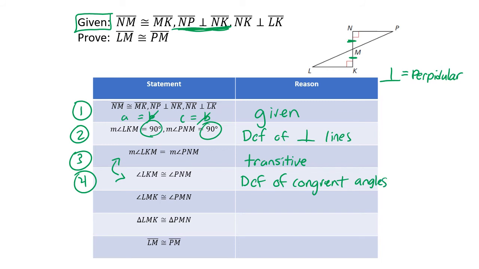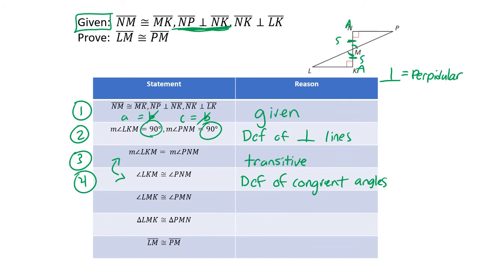Okay, we've proven a side by our given, we've proven our angle, and now we need to prove one more thing. So the last thing I'm going to tell you, I'm going to say that angle LMK, which is this angle right here, is congruent to this angle PMN. If we look at those two, what do we know about them?